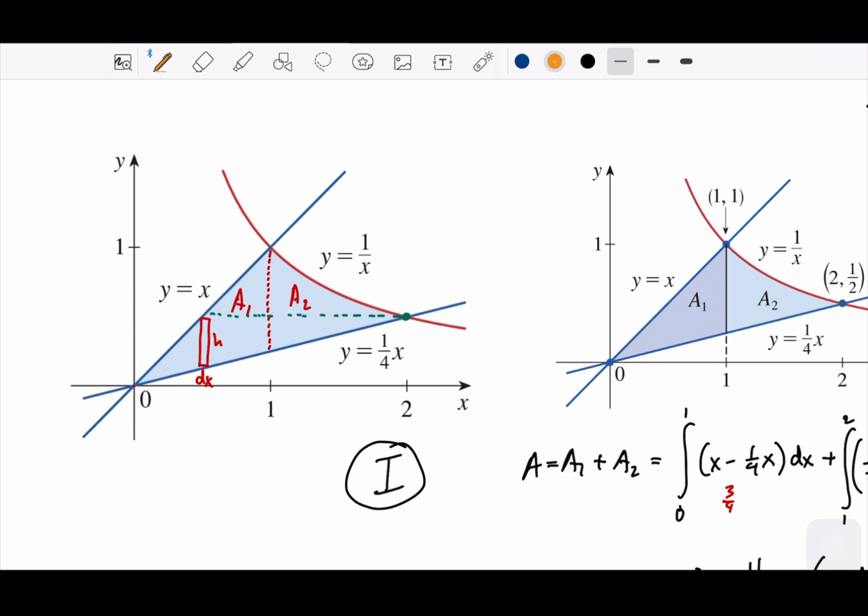So we could start from 0 to 1 for A1 and 1 to 2 for A2. But I think we could also try to take these green dots here and make it A1 and A2 and take dy. It's also possible.